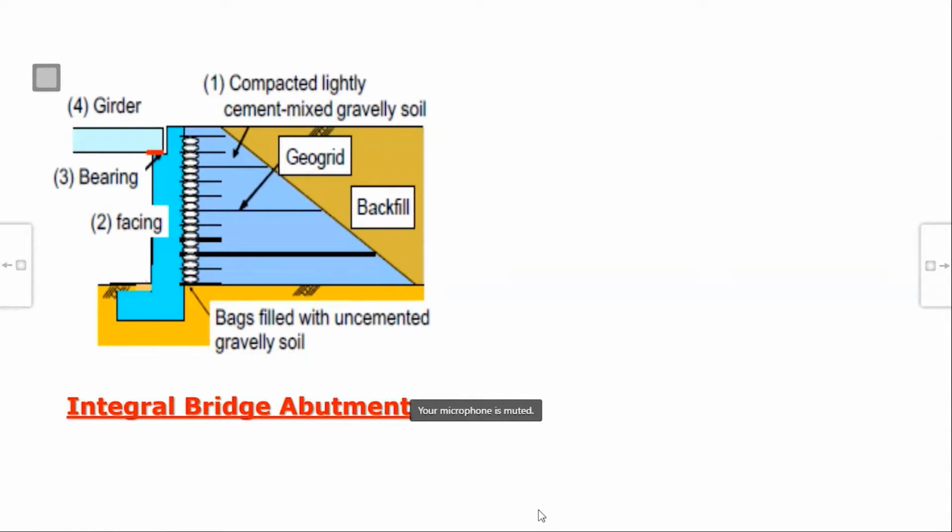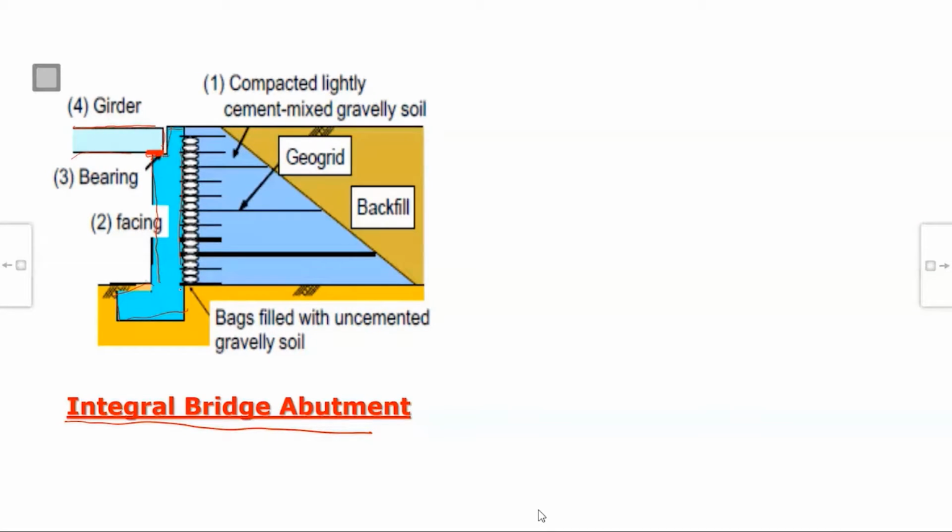And for integral bridge abutments also, they use 2-3 techniques. For a bridge abutment, if you see, this is your girder coming, this is the bearing, which will rest on the fascia. This is very lean as compared to your normal abutment.